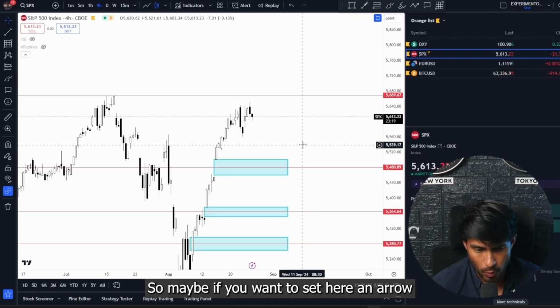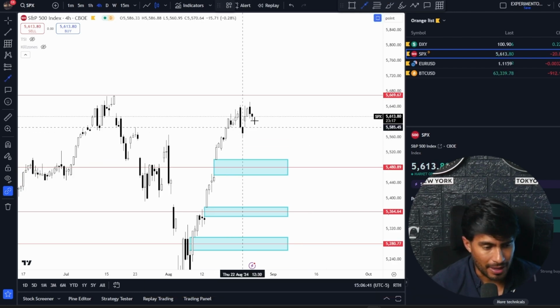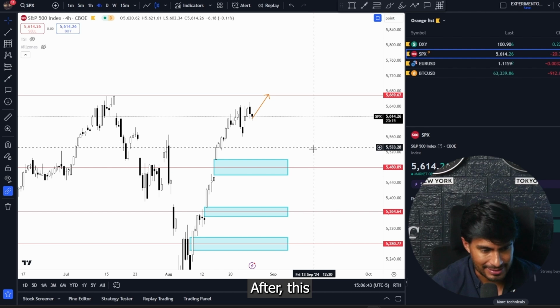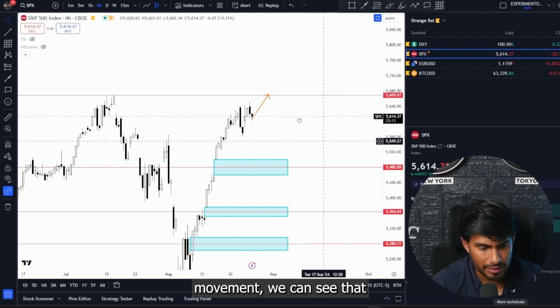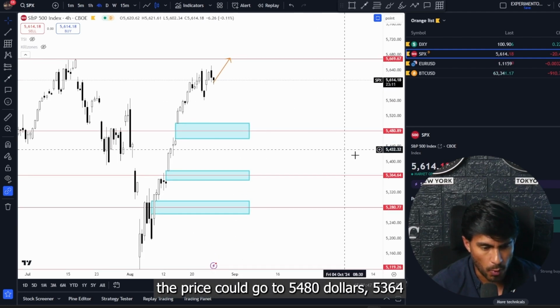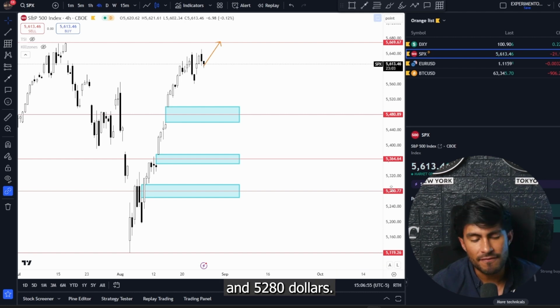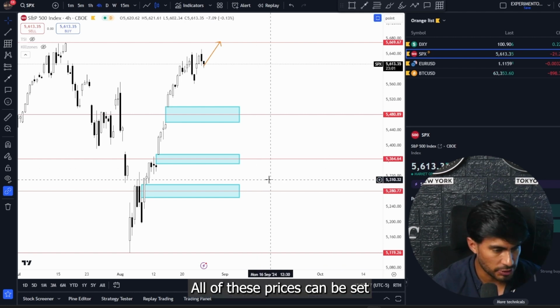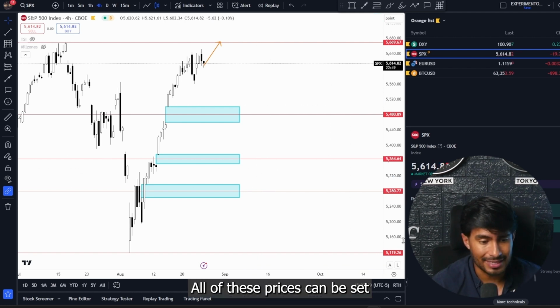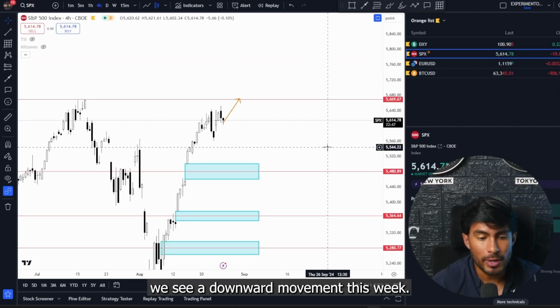So maybe if you want to set here an arrow, I will set it like this. After this movement, we can see that the price could go to $5,480, $5,364, and $5,280. All of these prices can be set as objectives if we see a downward movement this week.